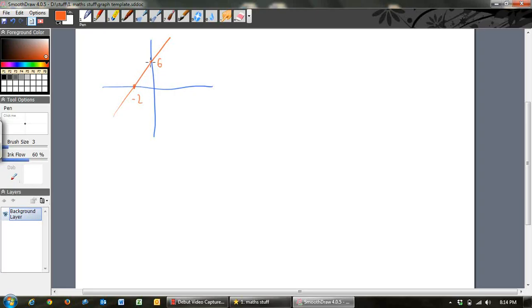If we start at this point, how do we get to this point? M equals rise over run. If we start there, we go across by 2 to get to this point here, so the run is 2, and then you need to go up by 6, and so it's 6 over 2, which is 3, and so your gradient is 3. And that's a great way to do it.